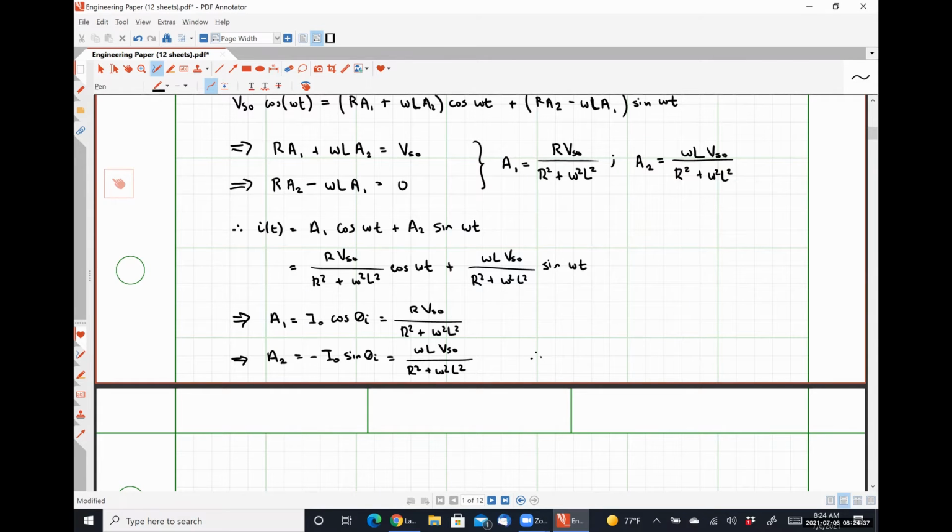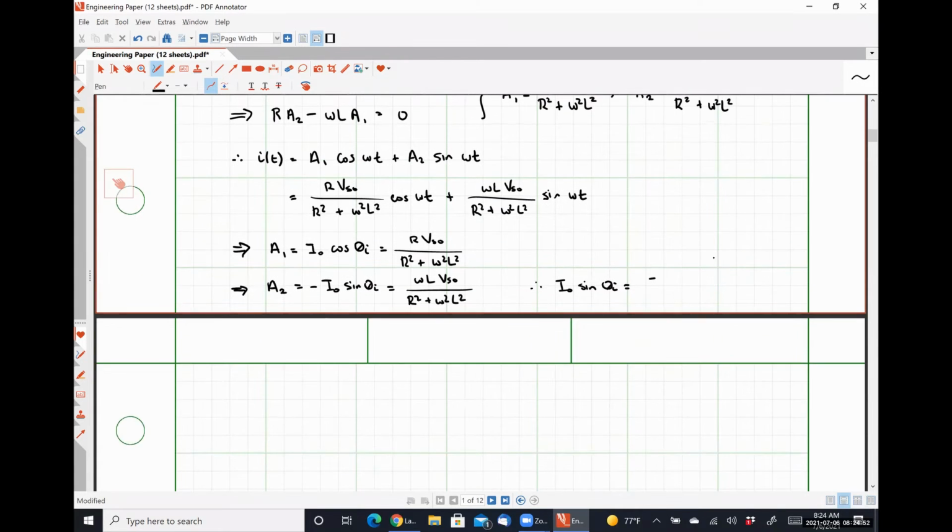And so I'm going to do a little bit of change here, and I can say that I naught sine theta I then must be equal to negative omega L Vs naught divided by R squared plus omega squared L squared. Okay, so I'm about to bust out a couple more pretty easy trig identities.